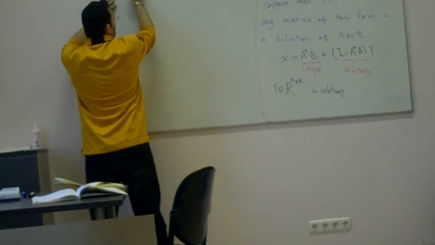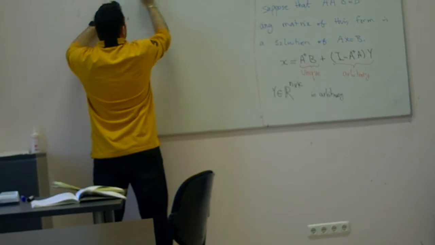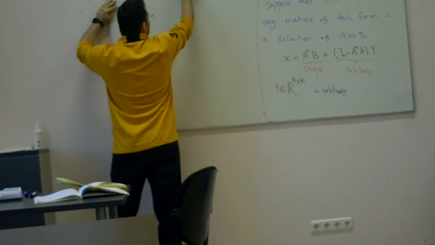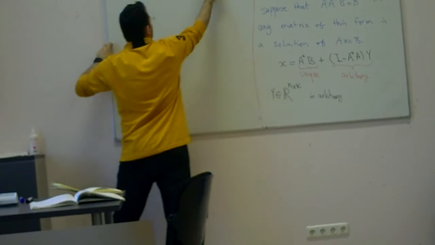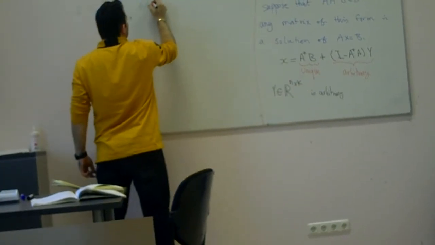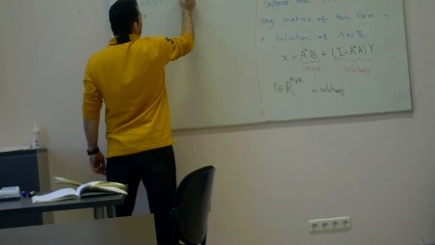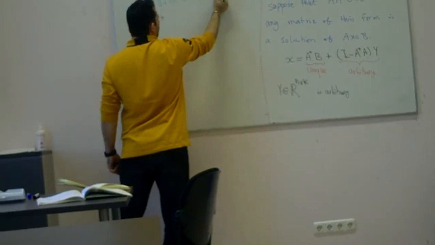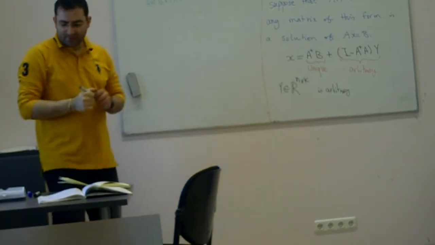So I should say that Ax is equal to B. So A multiplied by A plus B plus I minus A plus A y is equal to A A plus B plus A minus A A plus A y. Can you tell me what the term in parentheses is?